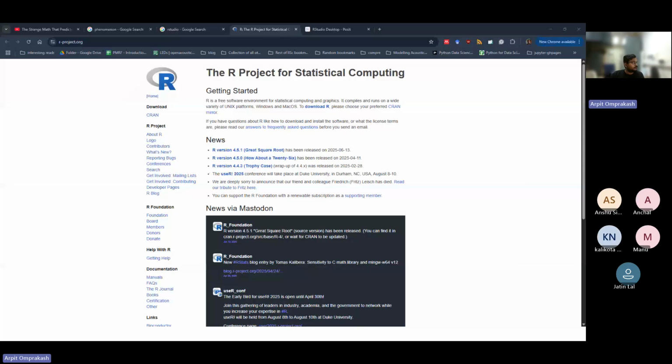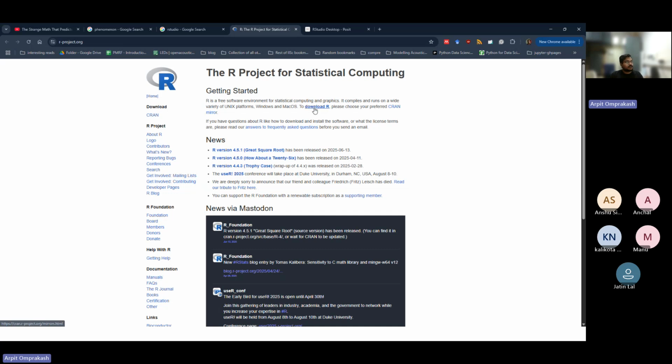So I'll just basically walk you through a few things. Can you guys see the screen? I opened a browser. This is the website where you can go to download R, r-project.org. Here you can see the latest version is 4.5.1.